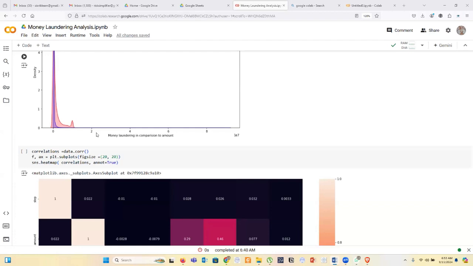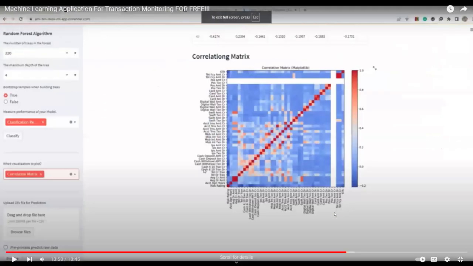And people usually perform transactions just below the threshold value, right? So I think this chart is picking up those customers who are doing suspicious transactions just below the threshold.